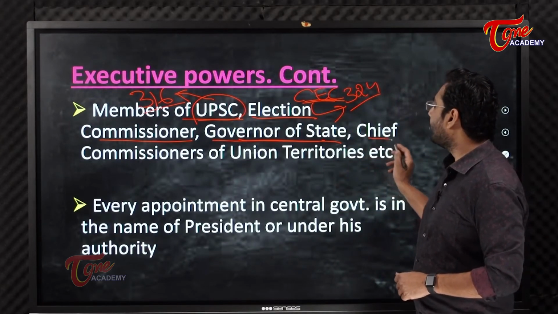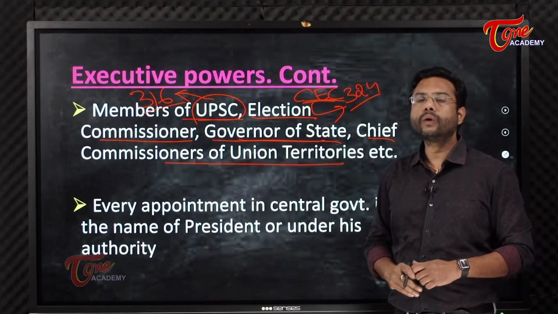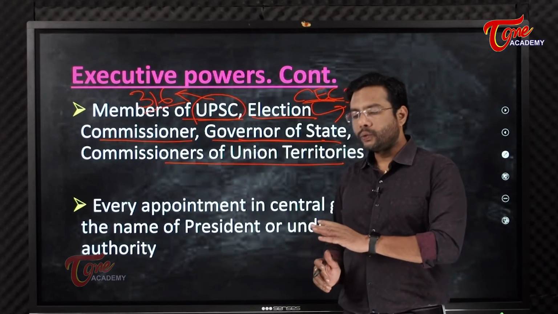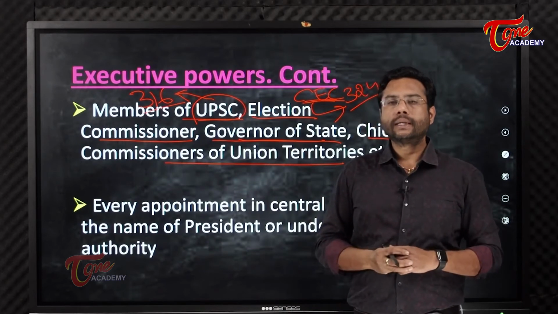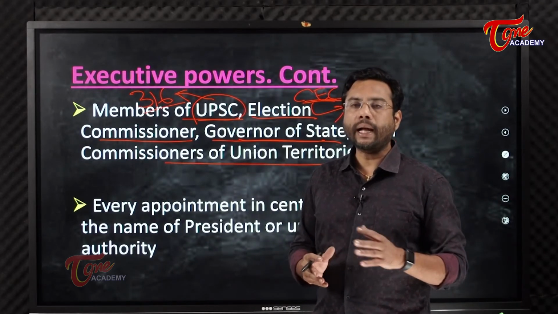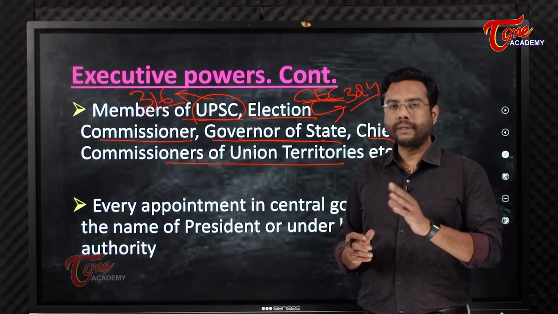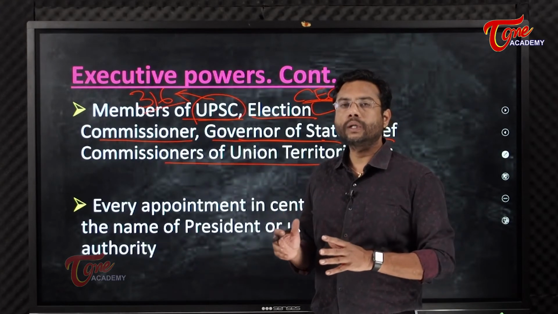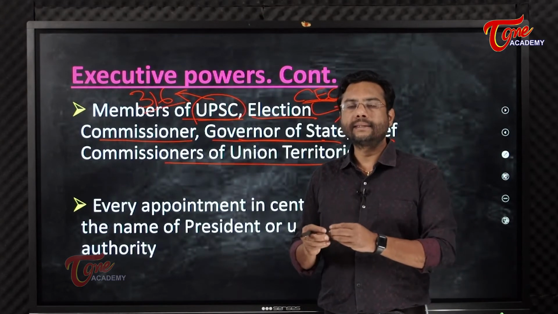We have chief commissioners of union territories, and lieutenant governors in union territories. Union territories are small entities ruled by the union. They do not have the status of a state, except Delhi and Puducherry. These are the two union territories with a legislative assembly.